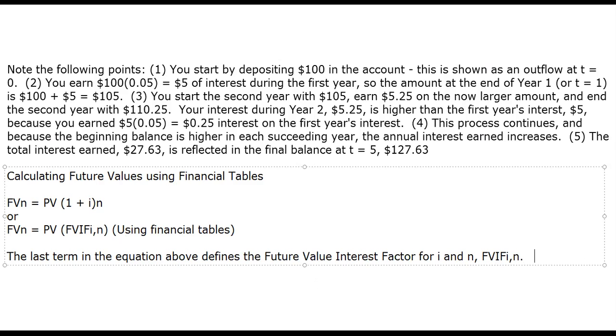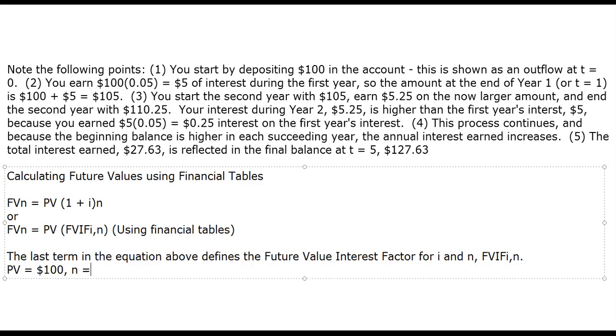Now remember that we are using the financial tables to calculate. Now to use the financial table to calculate using the $100 same way. We have a present value of $100, PV equal $100, right?